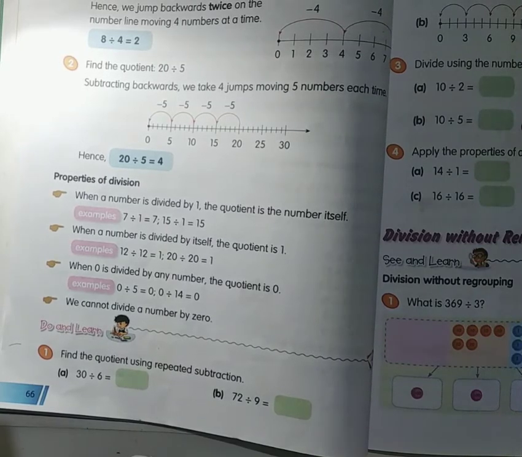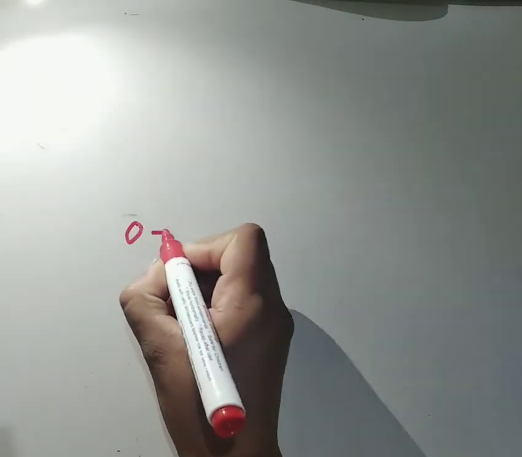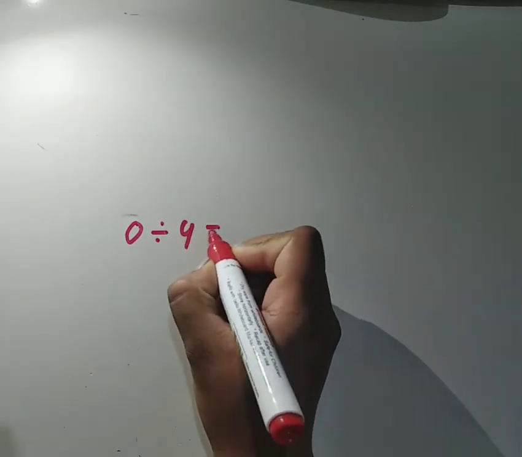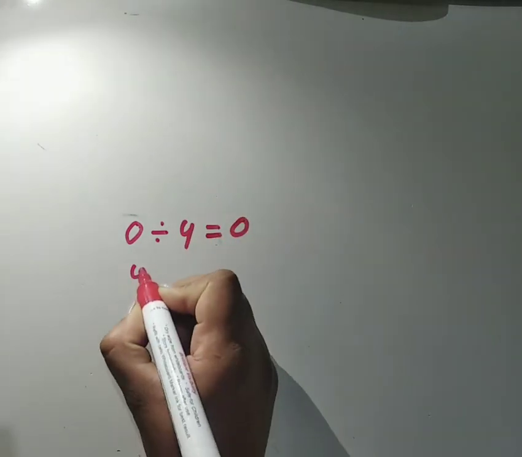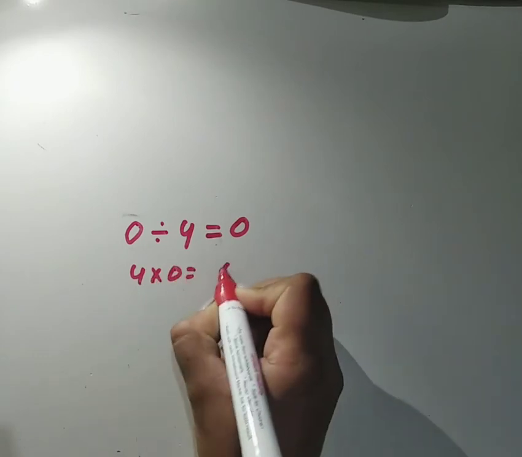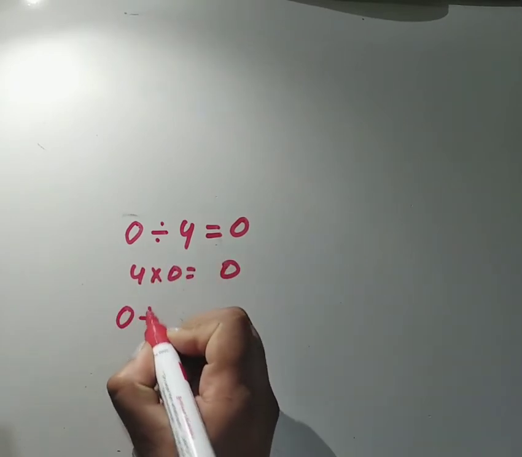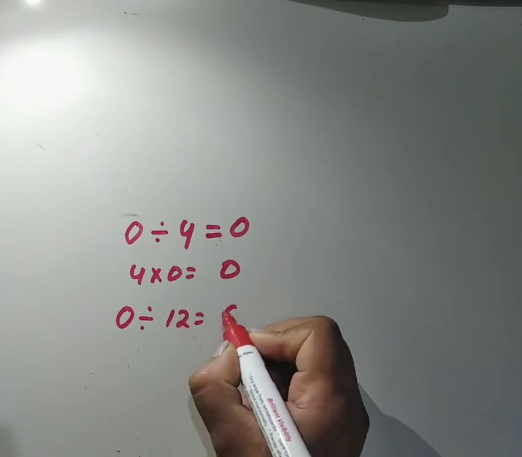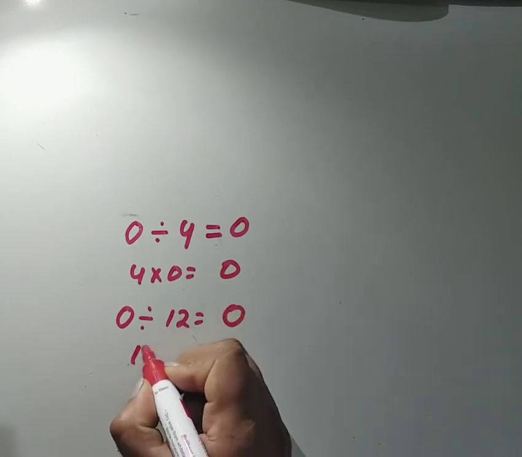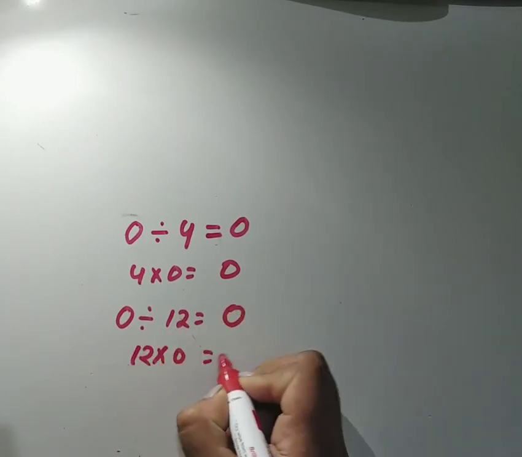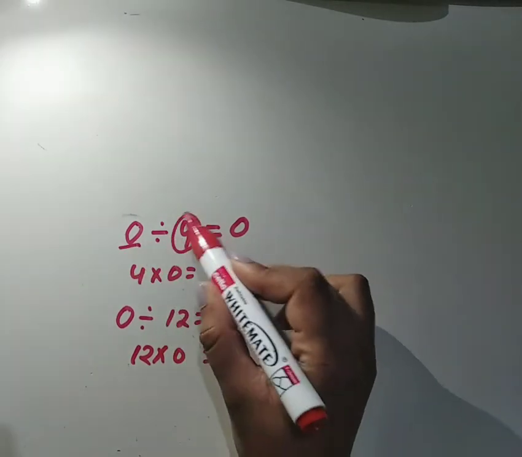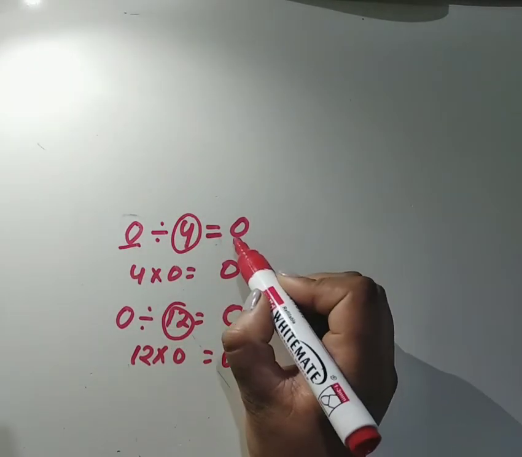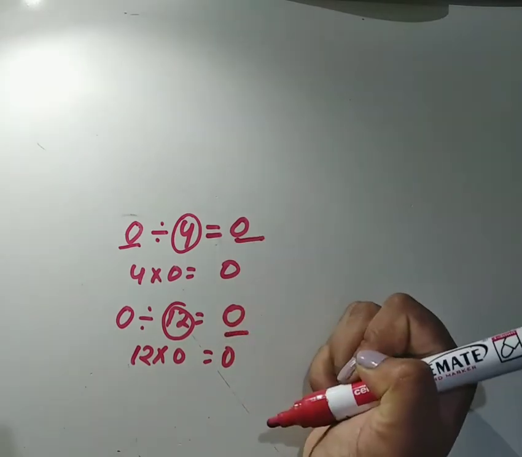Let's see how. 0 is divided by any number. The answer is going to be 0. 4 times 0 is 0. 0 divided by any number, the answer is going to be 0. 12 multiplied by 0 is 0. So when 0 is divided by any number, your quotient is going to be 0.